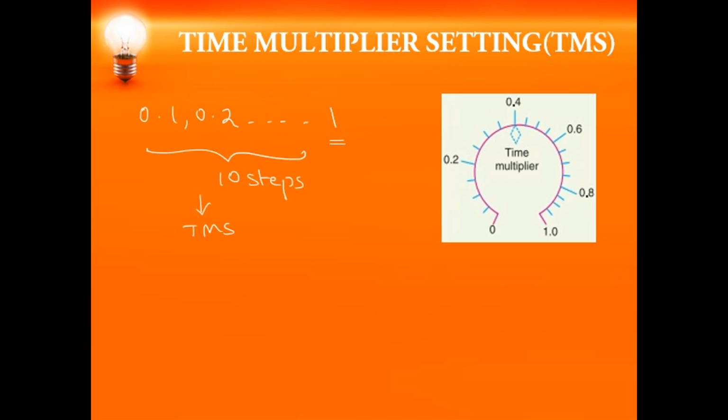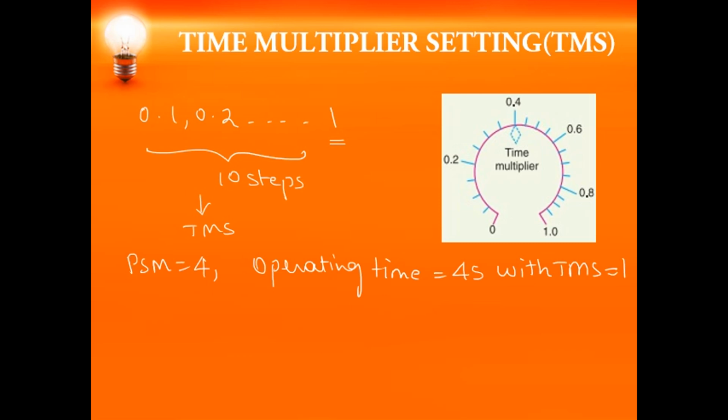So how to find the TMS? Suppose that for a particular value of the plug setting multiplier, say I take it as 4, the operating time is 4 seconds with the time multiplier set equal to 1.